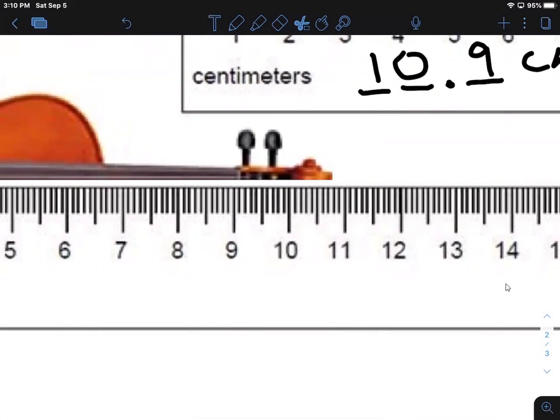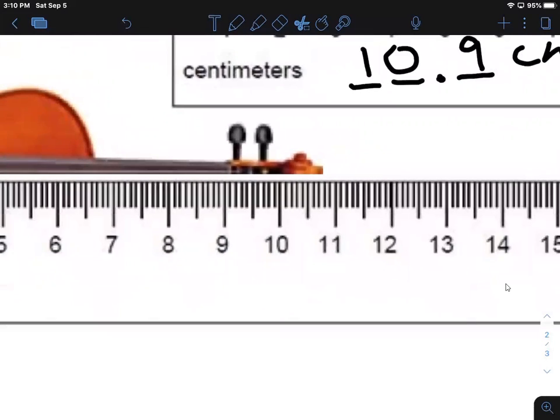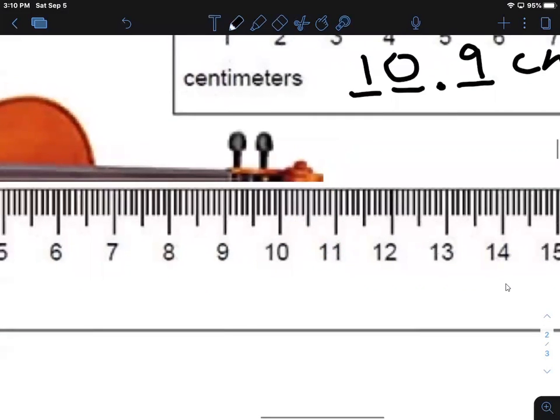So here I can see that I'm again between 10 and 11, and it's not quite at 10.8. It's a little bit before that. So I'm going to say here 10. So it's not 11.